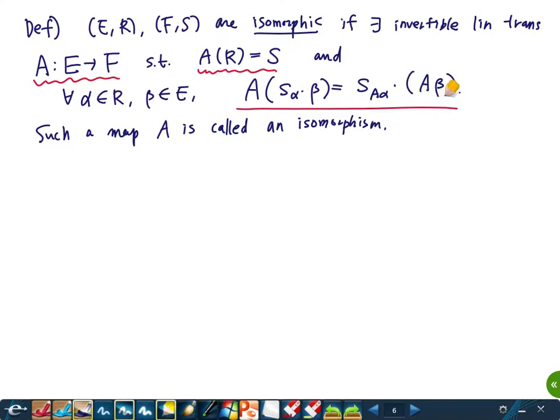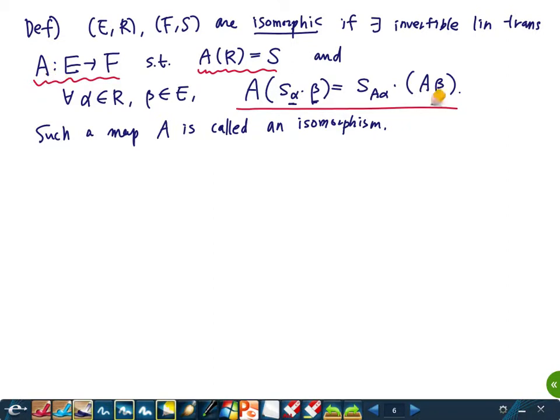But notice that it only preserves the Weyl group structure. It sends this orthogonal reflection to this reflection, so everything just changes by the A. Think of these as vectors in one vector space; we rename them using this isomorphism.